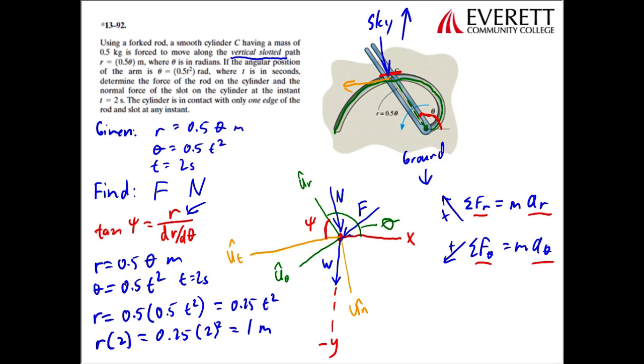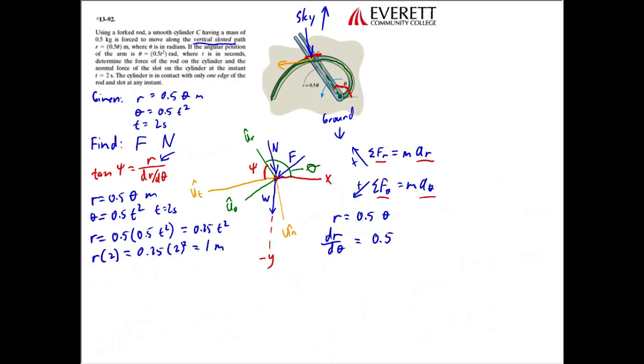Now we just need to find dr d theta, and that's pretty simple because we have r is equal to 0.5 theta. You take the derivative of that equation with respect to theta, you're going to get dr d theta equals 0.5. Okay, so now all we have to do is find our psi angle, and we're just going to use this equation right here. We'll say the tangent of psi is equal to r, which we just determined was 1 meter.